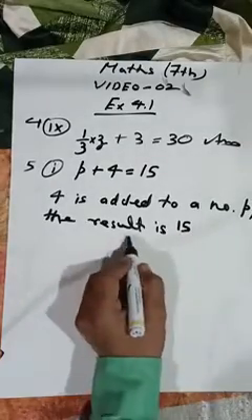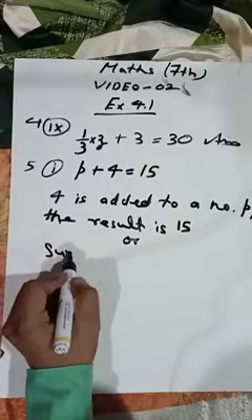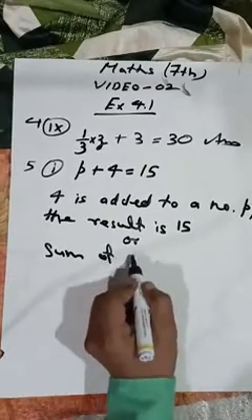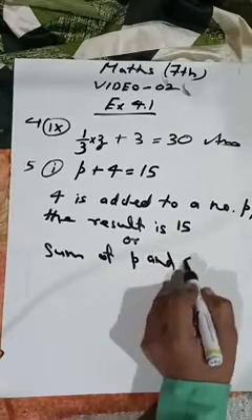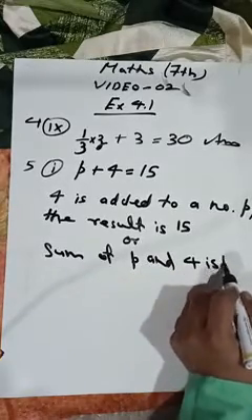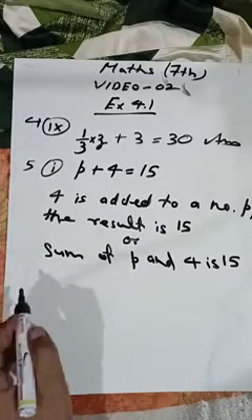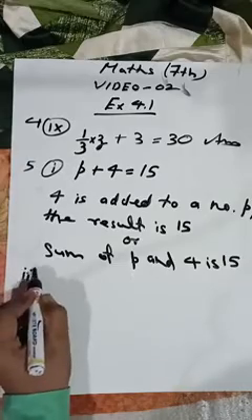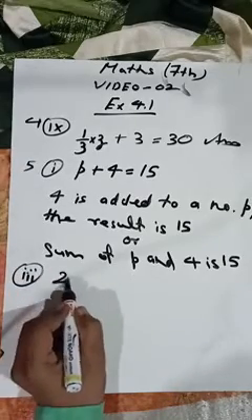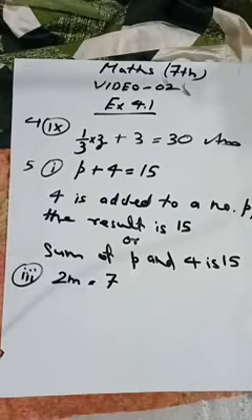Or we can write like this also, that sum of p and 4 is 15. So there are many ways to write this. Let's take the third part. I'm not doing all the questions, I'm giving a few parts, likewise you can do it.